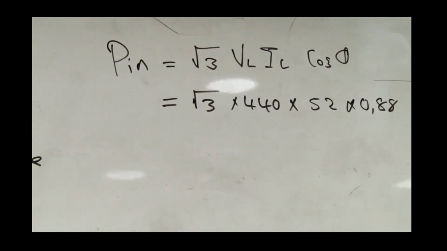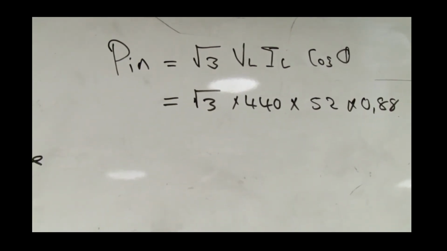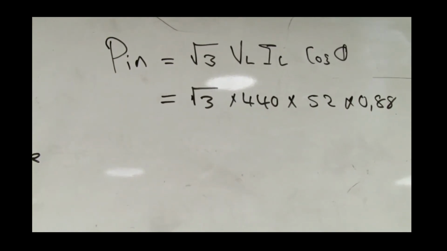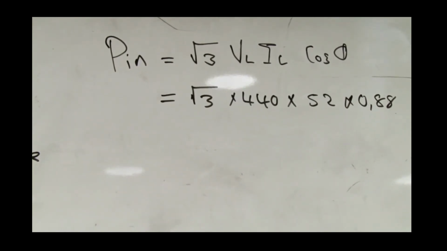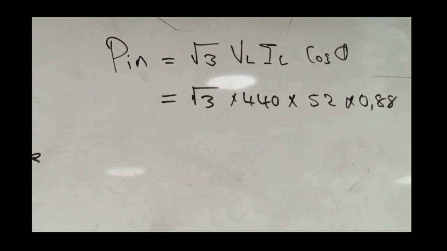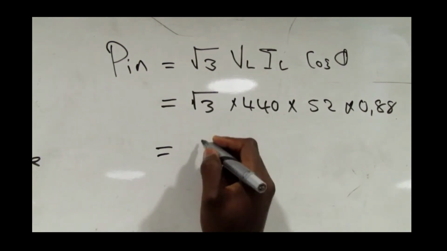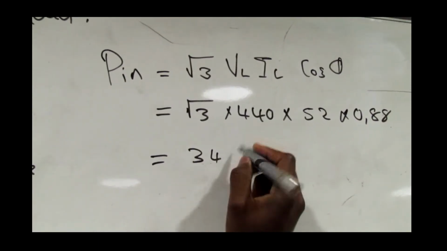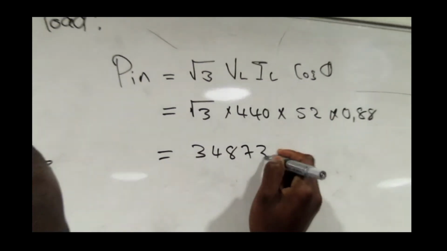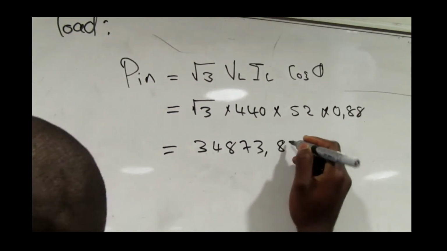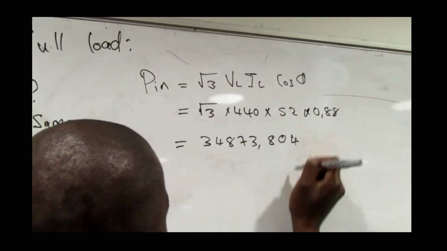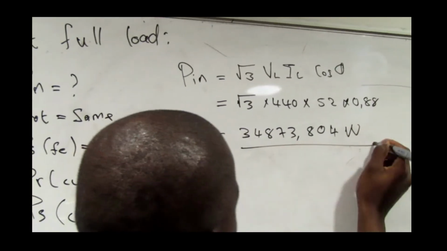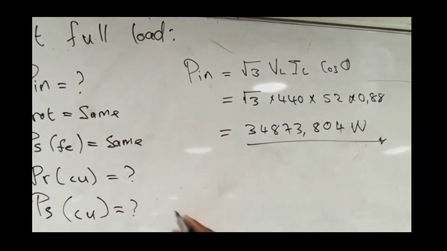Now what do we have here? What I get is 34873.804 watts. This is the value of our P in.